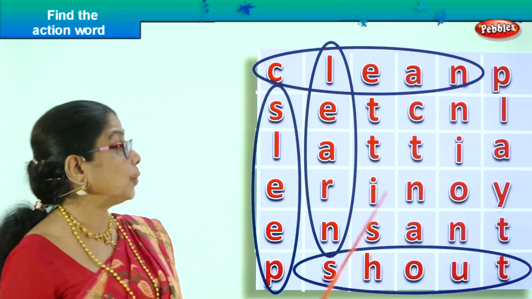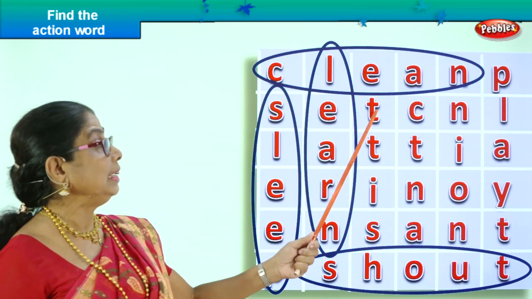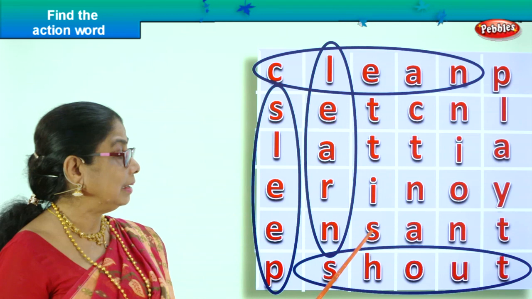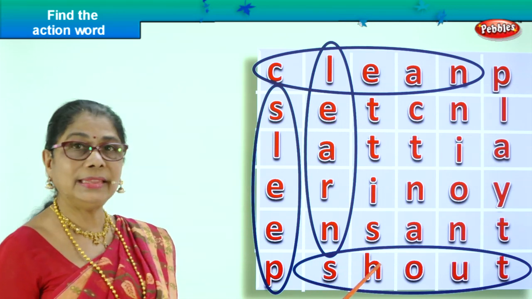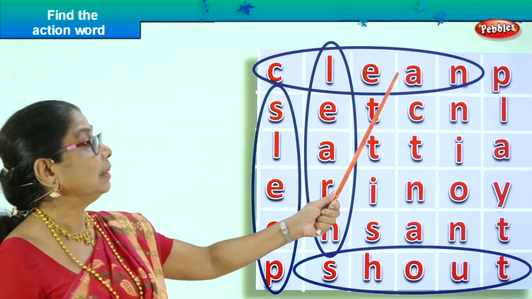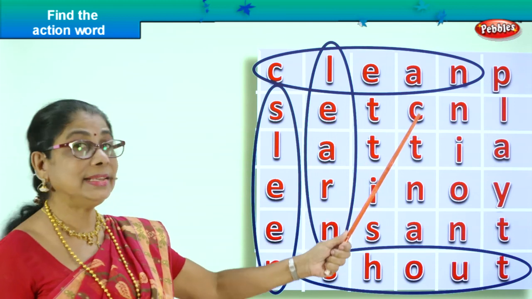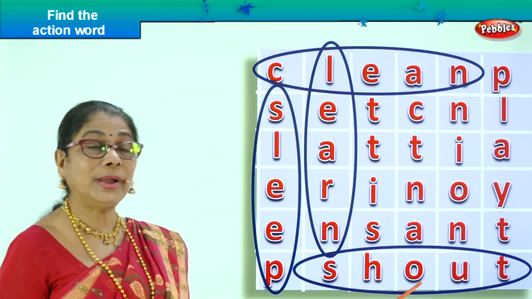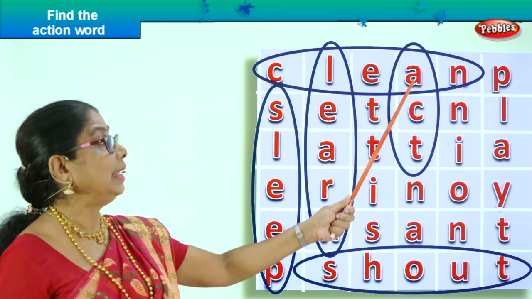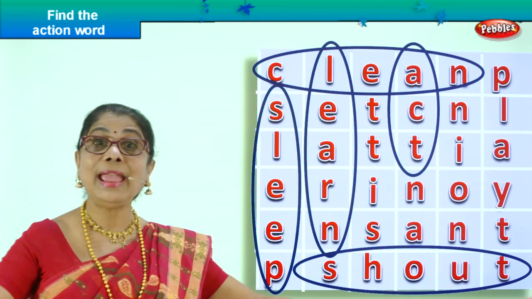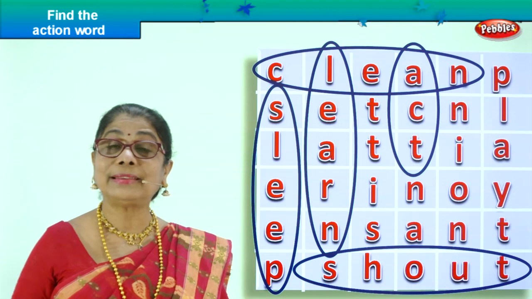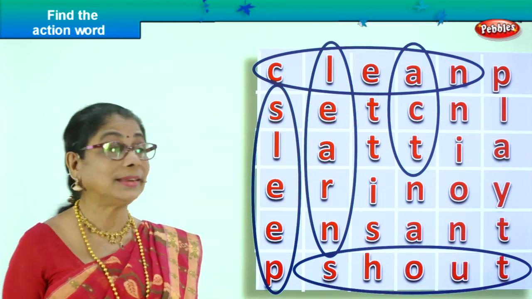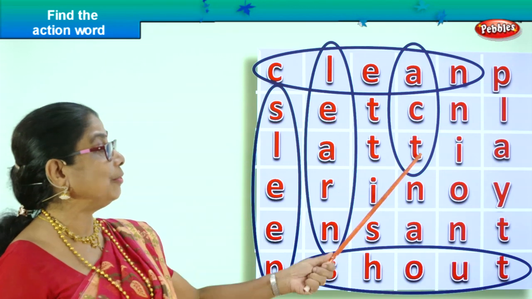Let's go to the next row. Anything? Next row. Any word? ACT. Act. You can act. Acting on the stage, you act. Pretend to be someone. Act, we found.